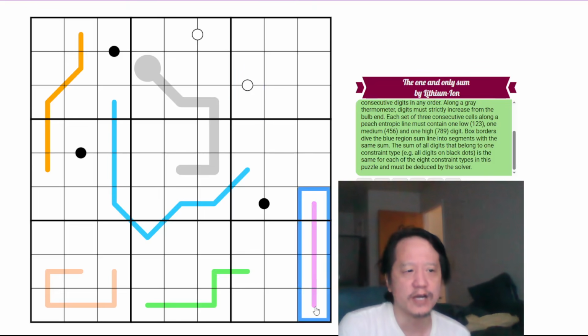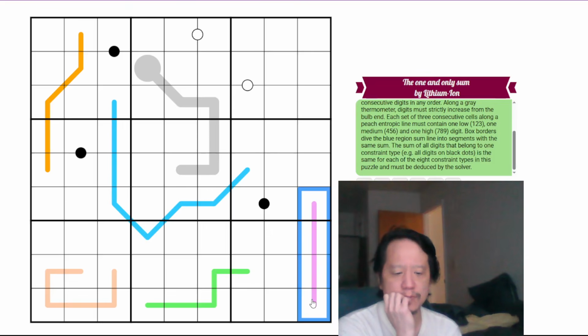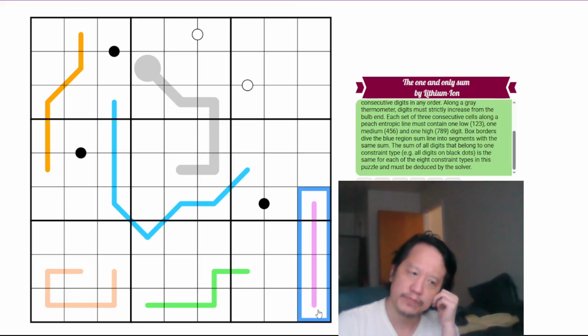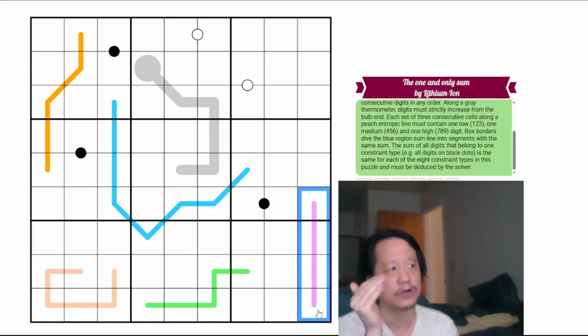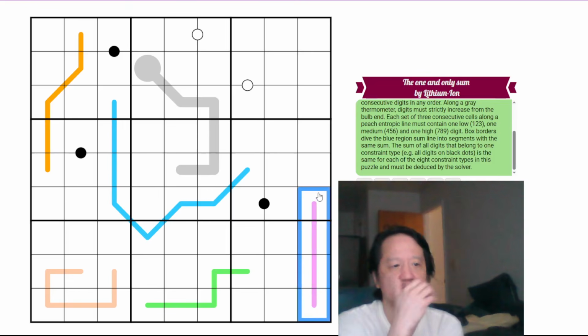So the most we're going to have is 4 digits here, which add up to the most you can have, which would be 6, 7, 8, 9. So the maximum our sum could be is 30. Because if it's greater than 30, this Renban won't satisfy it.